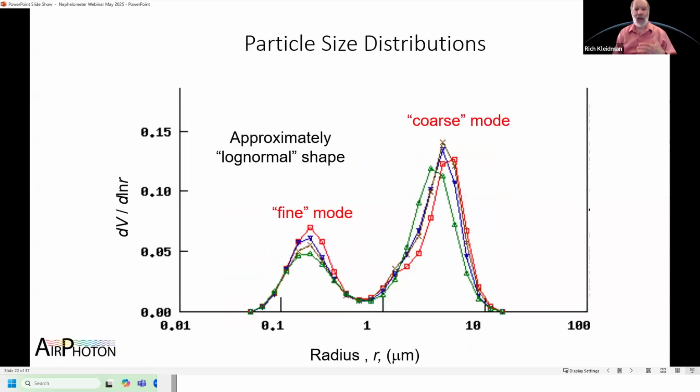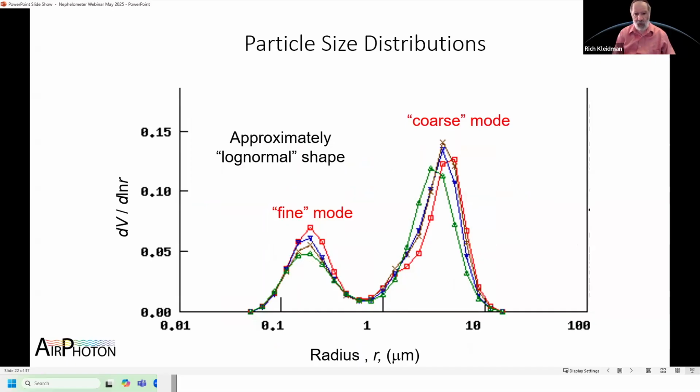Now, why is this important, that you want the different size cuts? Using the size cuts, you can generate a particle size distribution. Normally, in most cases, we look at data as fine mode and coarse mode of a bimodal distribution. Each one of these lines is a different set of measurements.